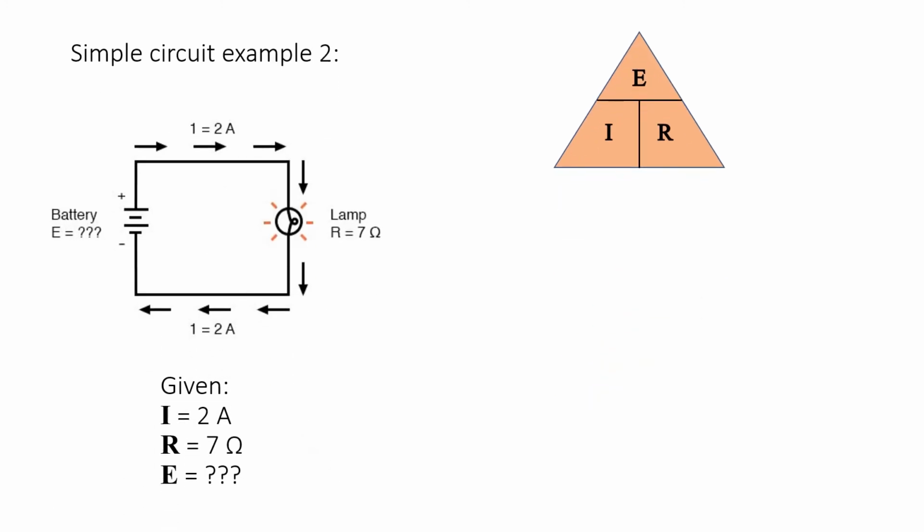So, to determine for E or voltage, let us use once again the Ohm's law triangle technique. Since voltage is to be determined, eliminate E and write the remaining symbols, which are I and R, or current times resistance.